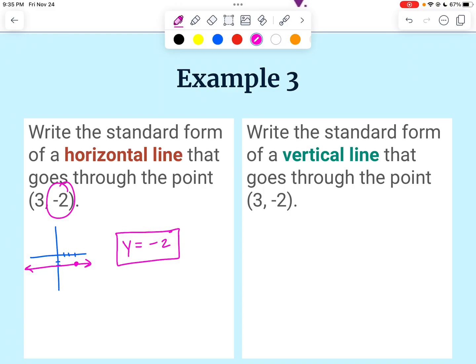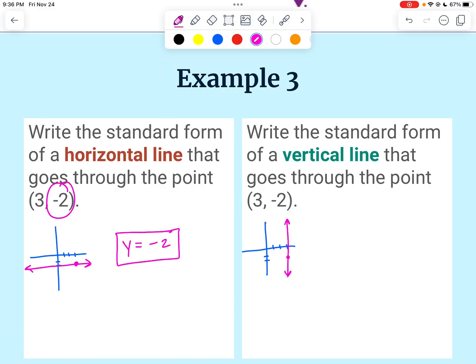For the second one, we are now writing the standard form of a vertical line that goes through the point (3, -2). Again, we start off the same way. Coordinate plane, right 3, down 2, plot the point. But now it's a vertical line, so that's going to go straight up and down. What's staying the same is the x-coordinate.